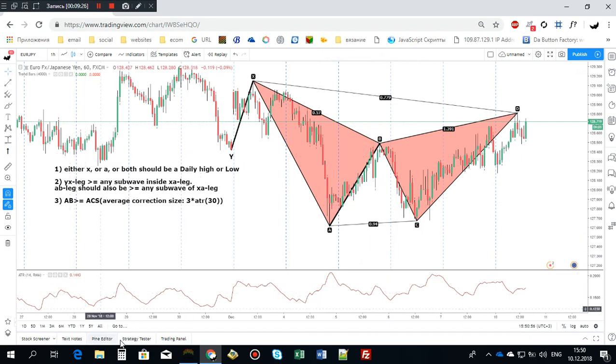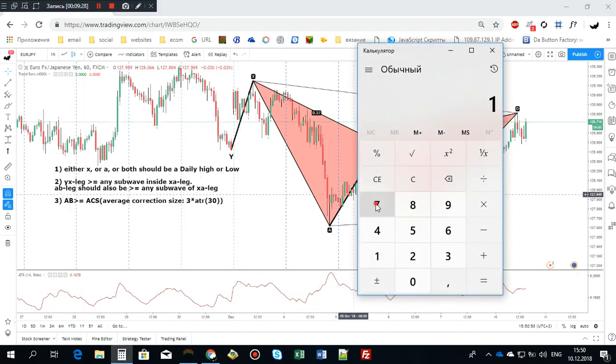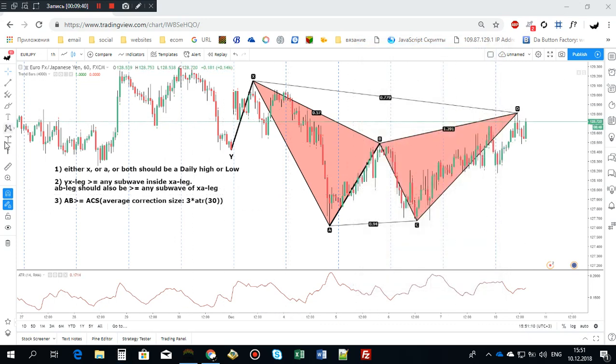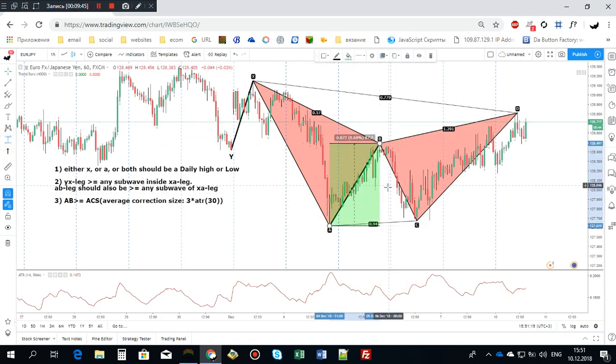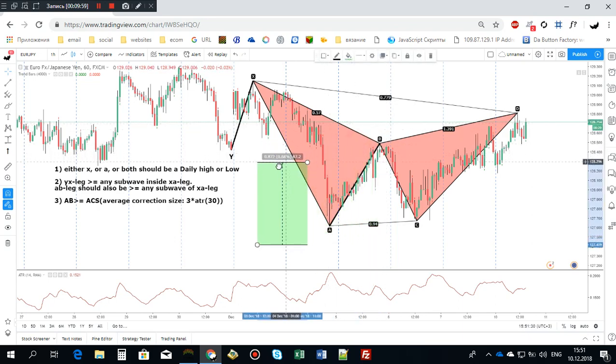You multiply 1724 by 3, and you have 0.5172. So 5172. And when you measure your leg here, instead of 51.7, you have 87.2. It is much greater. 87 is much greater than 51.